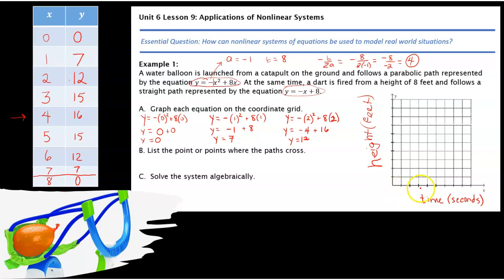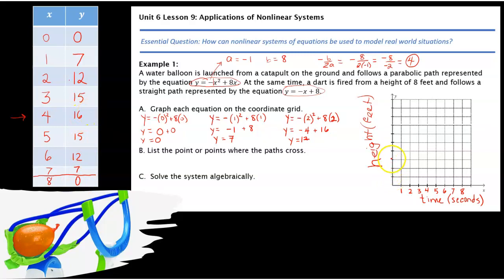So let's think about the numbers that we'll need on the x-axis and the y-axis. On the x-axis, these are our x values. So we went from 0, 1, 2, 3, 4, 5, 6, 7, 8 seconds. So we can go ahead and number them all by ones. If we think about our heights, our lowest height was a 0, and our highest height is 16 feet.